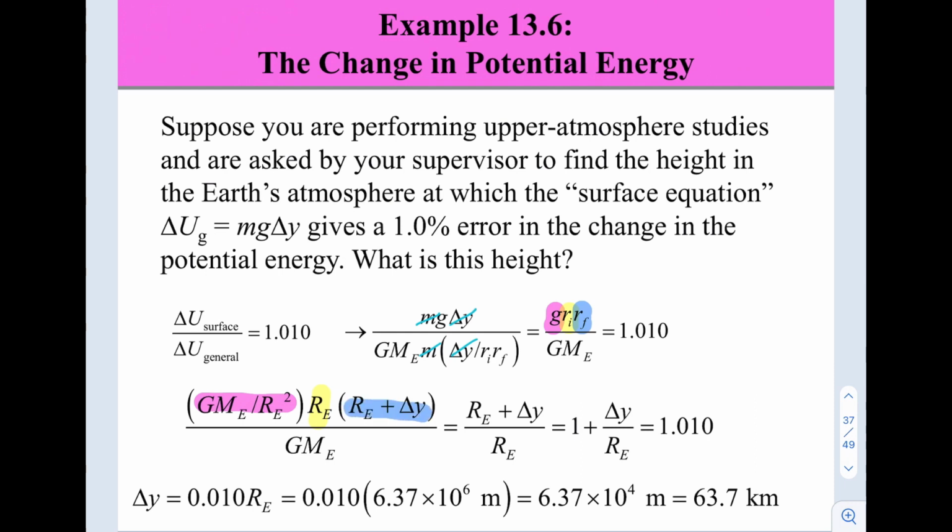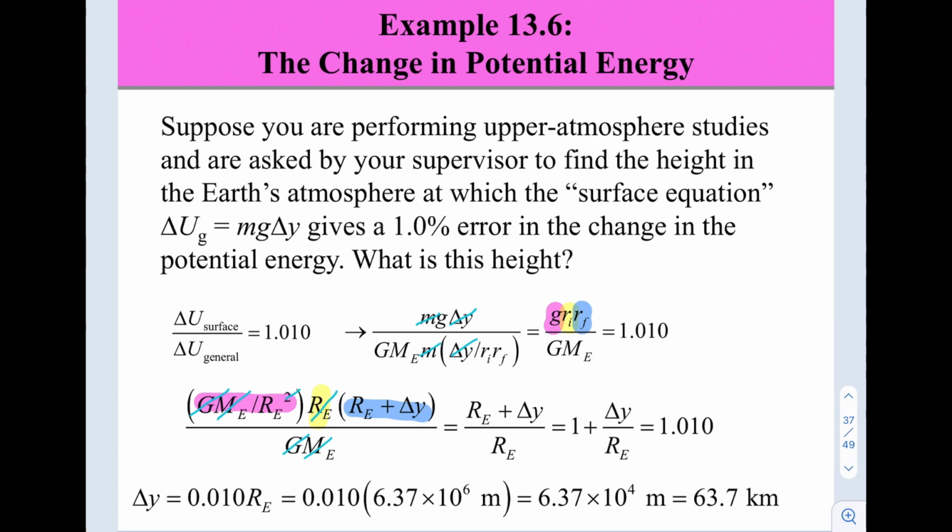Then simplify the terms if possible. Mass of the Earth cancels out. Capital G cancels out. So we are left with, here cancels out with this. Then we have R E plus delta y over R E.